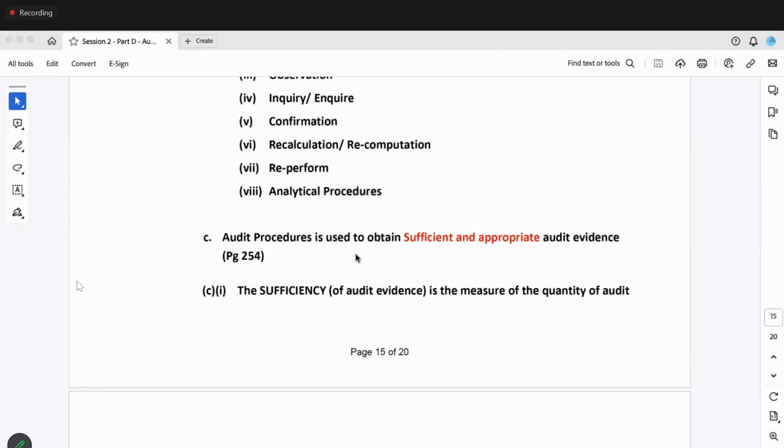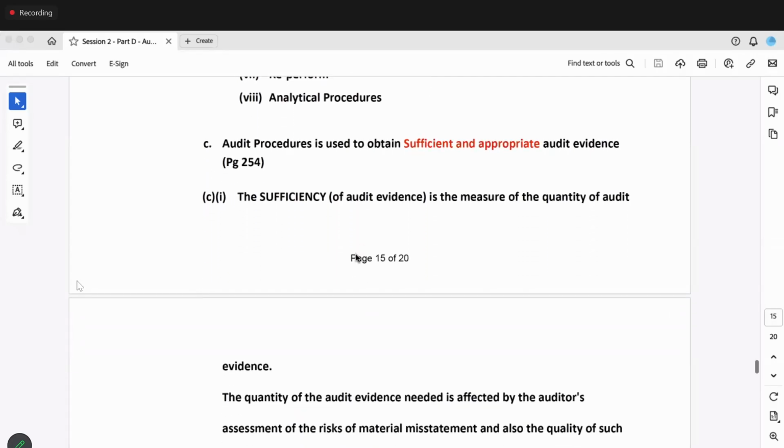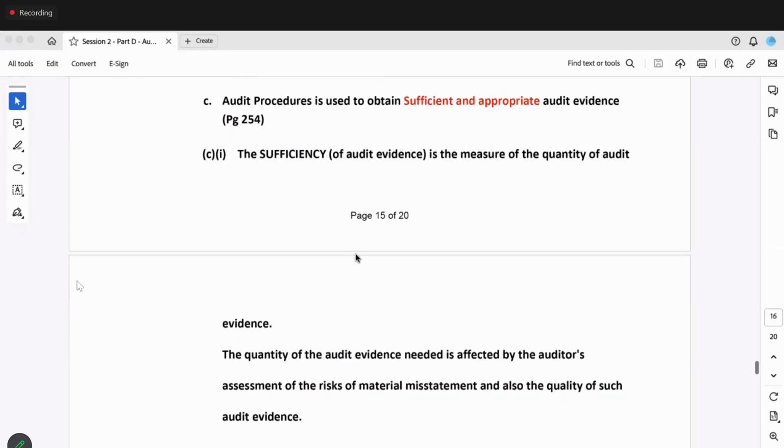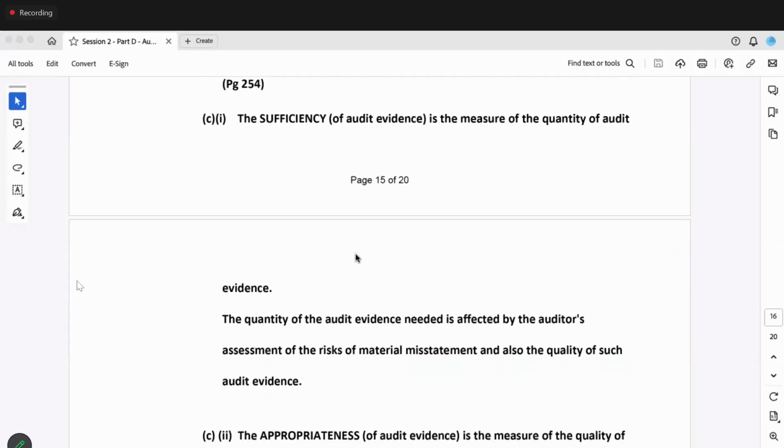So there's a lot of emphasis and a lot of work that needs to be placed on this area. When we talk about sufficiency, usually it's the measure of quantity, all right? So the quantity of audit evidence can come from doing more testing using one audit procedure, or you can use multiple audit procedures, all right? So that you can increase the quantity of audit evidence that supports your audit assertions, all right?